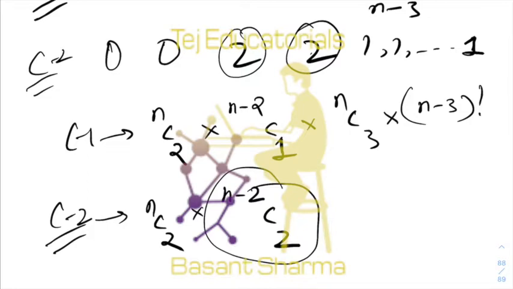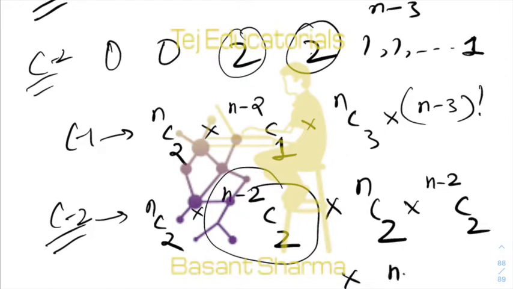Now I'll come to a very subtle point in just a minute. Then select two games out of n games which are to be given to the first child. Then out of the remaining n minus 2 games, select two games which you want to give to the second child, and then n minus 4 games are remaining and distribute them among n minus 4 children in n minus 4 factorial ways. So answer would be case 1 plus case 2.